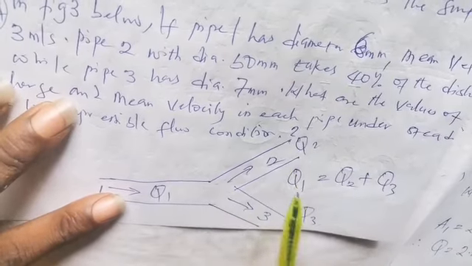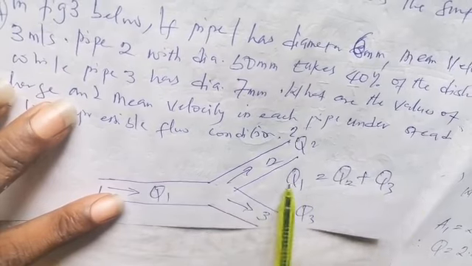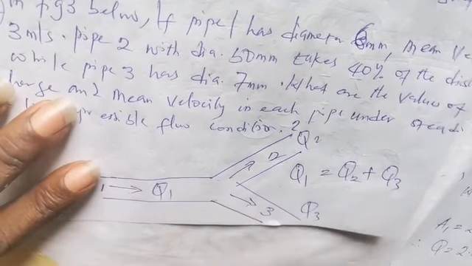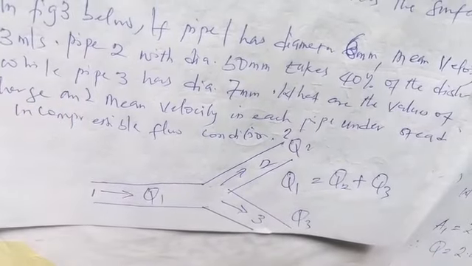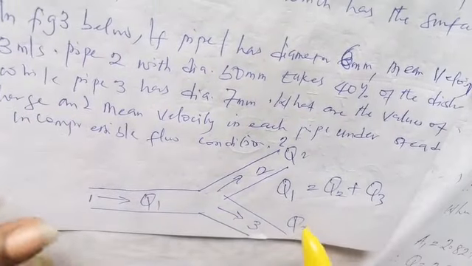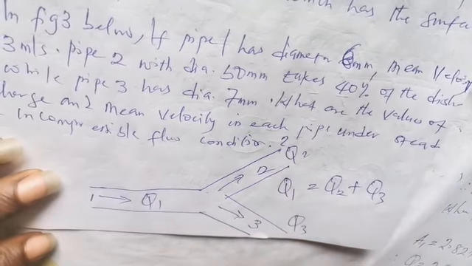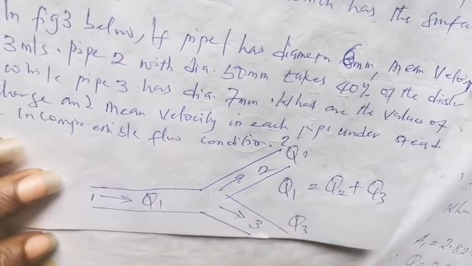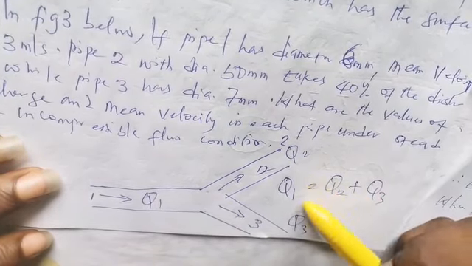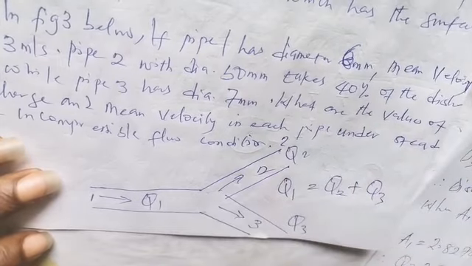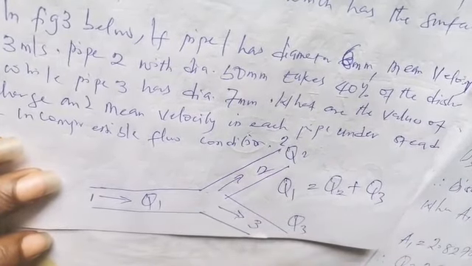I know Q1. All I need to do now is find either Q2 and then Q3. But Q1 becomes discharge through the whole system. Q1 becomes equal to Q2 plus Q3. So if Q1 is the source that supplies the other discharges, and the condition told us that Q2 takes 40% of the discharge, whereas the discharge itself is Q1, that is the source supplying the entire section with the fluid.